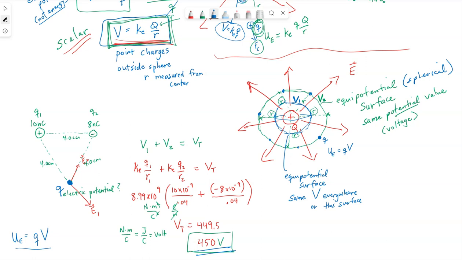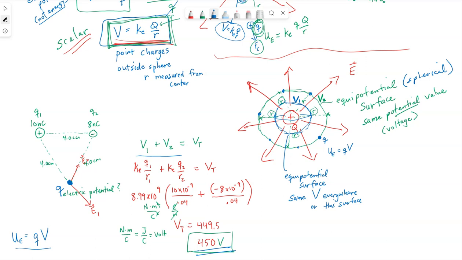But the original approach, there was no charge there. There was just a location in space. We were trying to find the electric potential. We can add up electric potential for however many point charges we have.